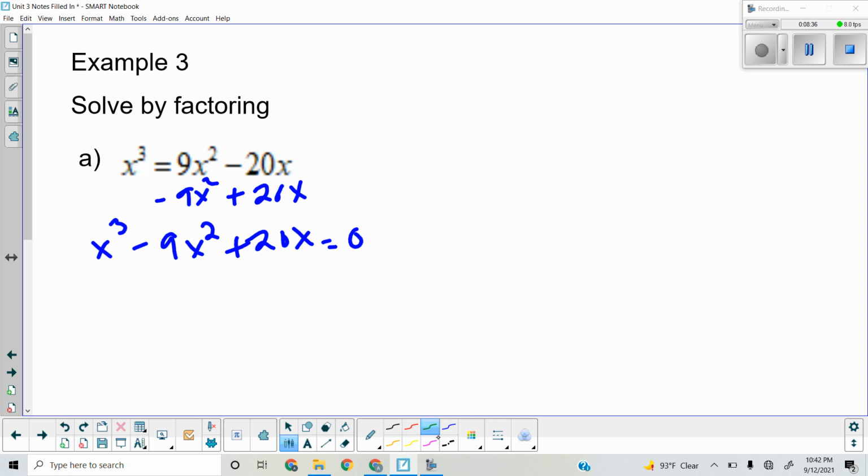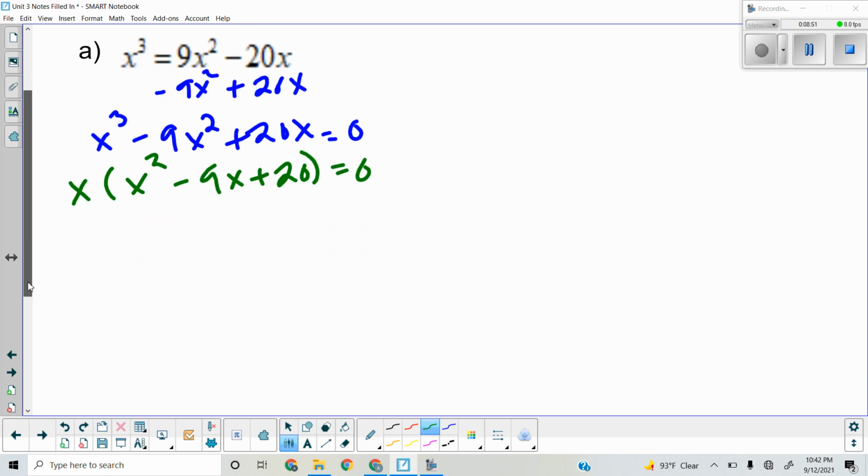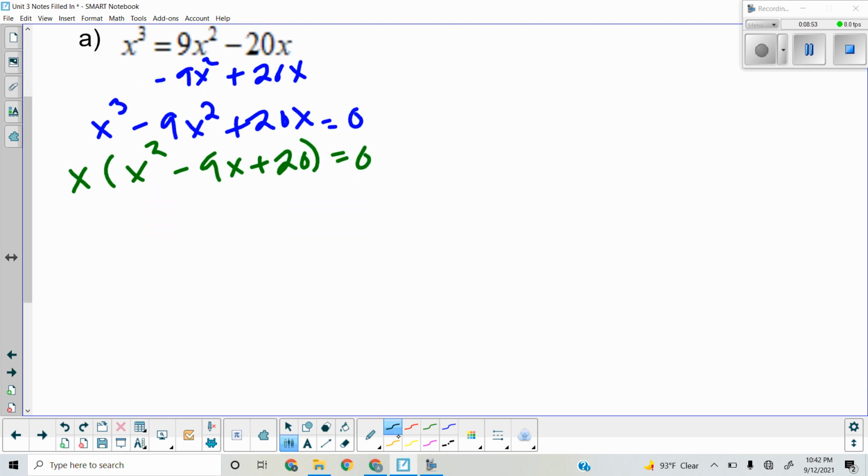Now we can factor. We can take out an x. And now we can do our x method. So on the left are our x's.